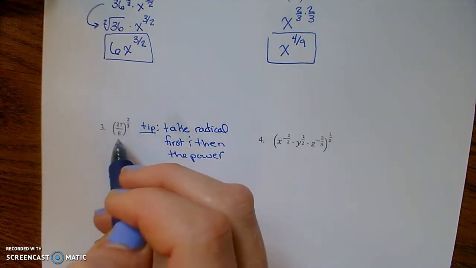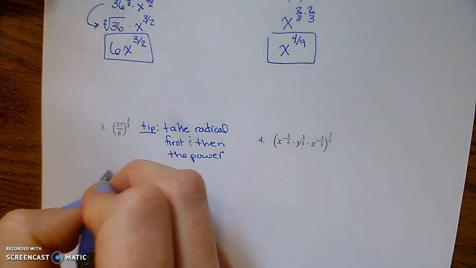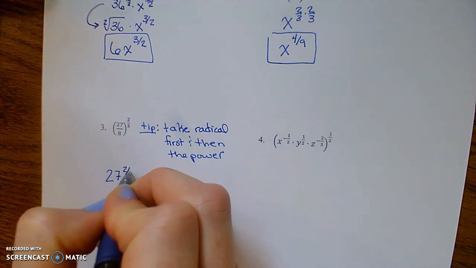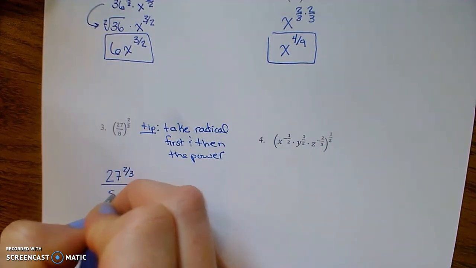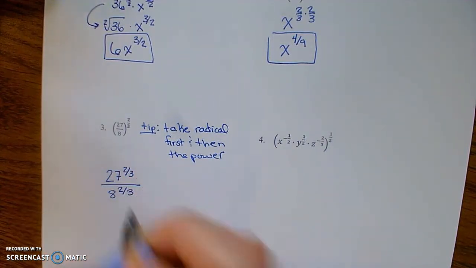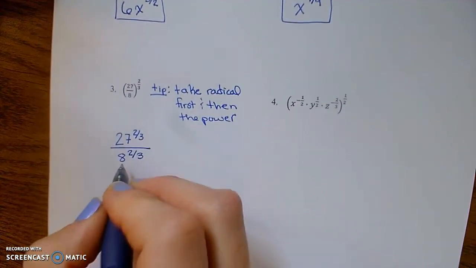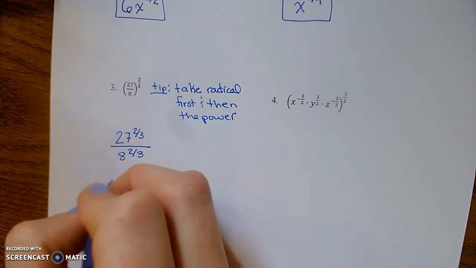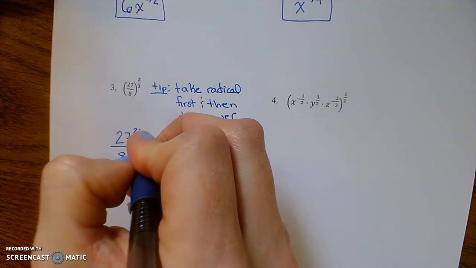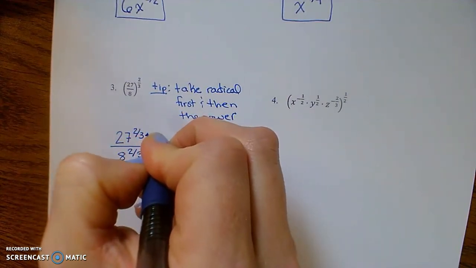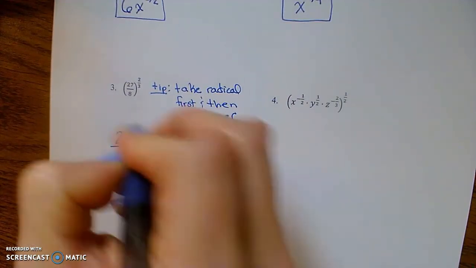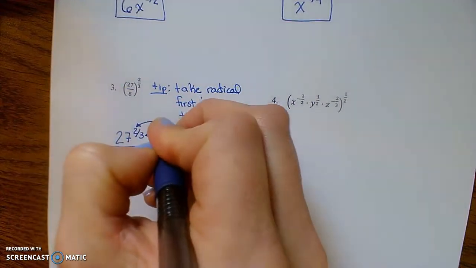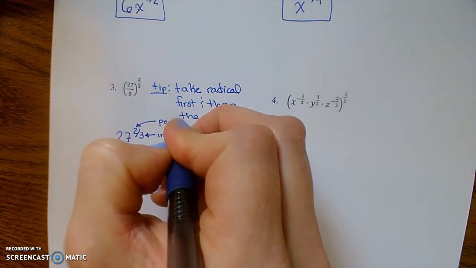And when you're raising a fraction like this to the power, that's like the numerator to that power over the denominator to that power. Okay, now what I want to do is write these as a radical. So again, the denominator is the index, and the numerator is the power.